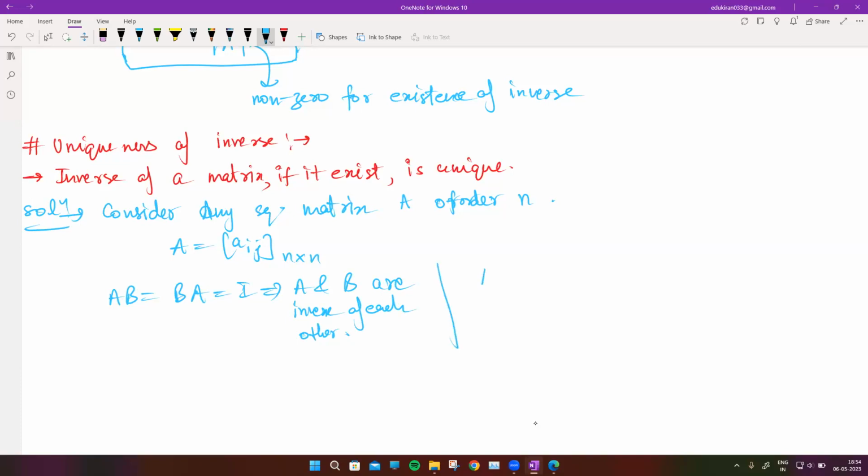Now we are saying that there is another matrix C as well, which gives the same result, that AC equals CA equals I. We will show that this is not possible unless they are the same matrix, B and C. They are not different.